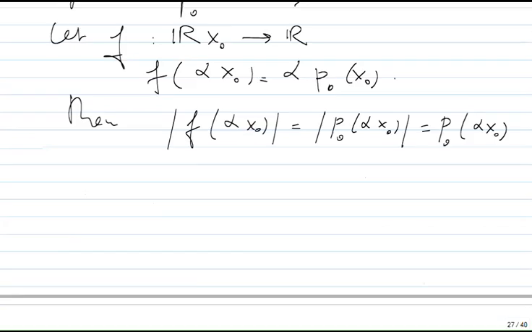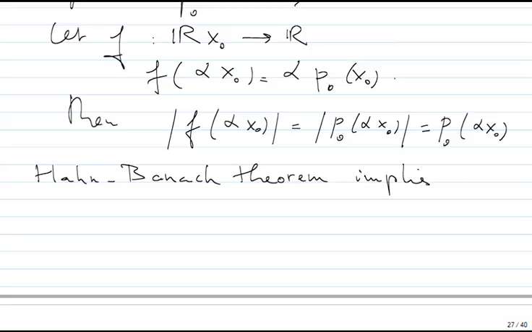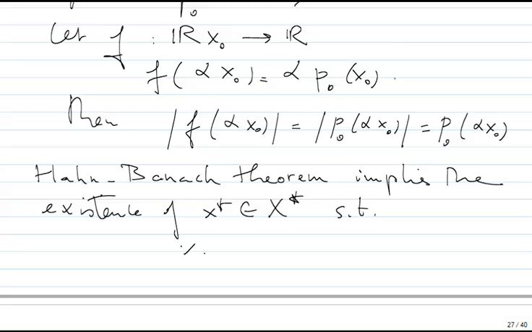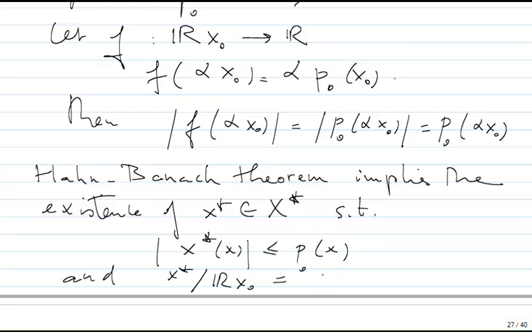So the Hahn-Banach theorem implies the existence of x star in X star such that the absolute value of x star of x is less than P0 of x, and x star restricted to the one-dimensional subspace is equal to F.